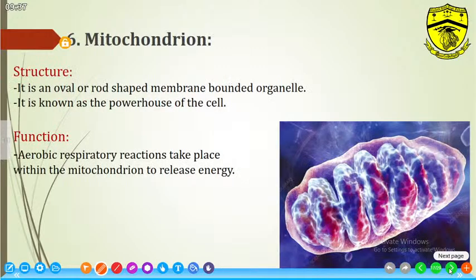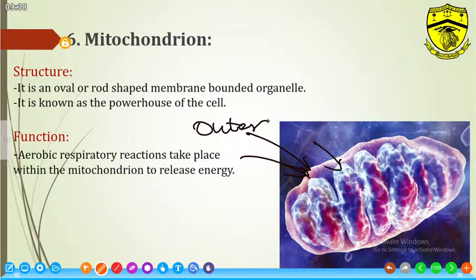And next, in here, the mitochondria. Mitochondria also has an outer surface of membrane and inner surface of membrane too. This is the cristae. So this is the outer membrane, and this one is the inner membrane.